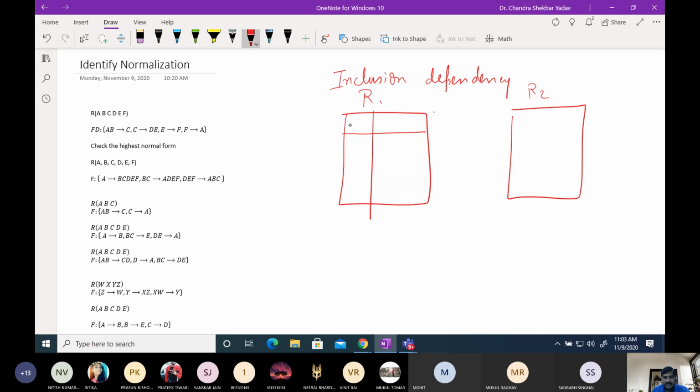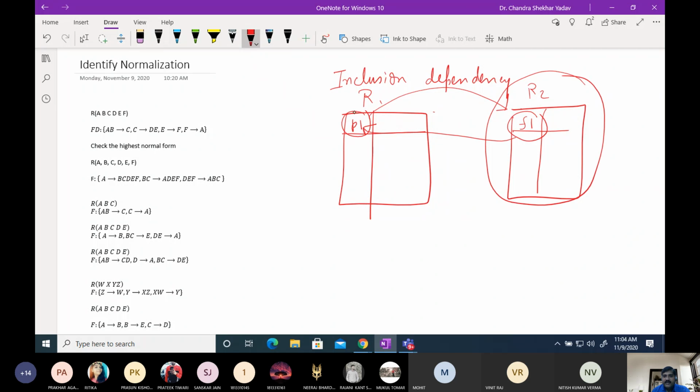The primary key of R1 acts as a foreign key in R2. Means this column is included in R2, or we can say that this column references the master table. So this is called inclusion dependency. Means the value of the primary key we include in R2, and in this way we establish a relationship between R1 and R2, and this type of dependency is called inclusion dependency.